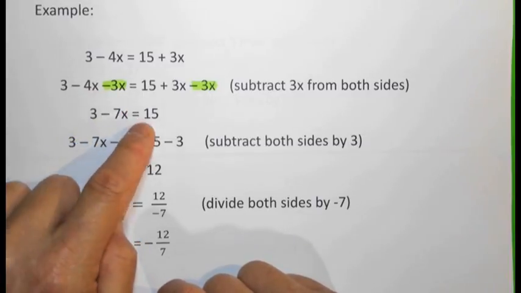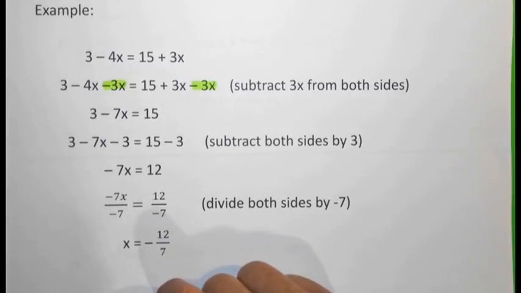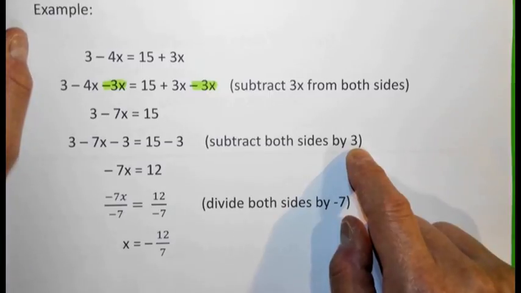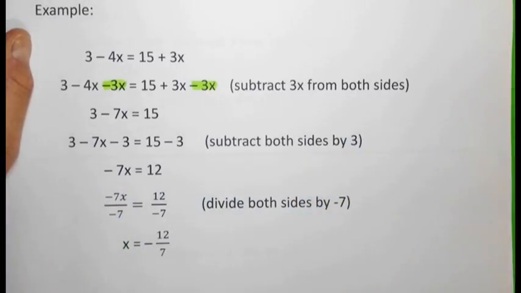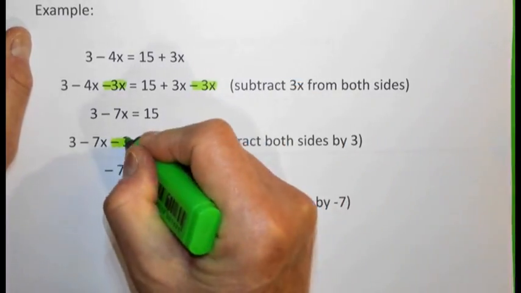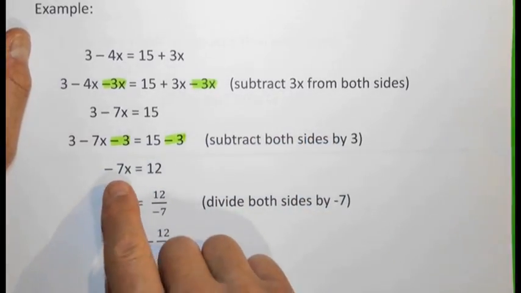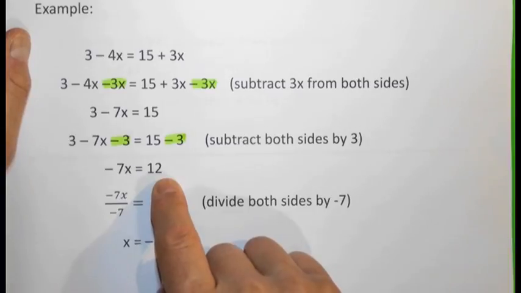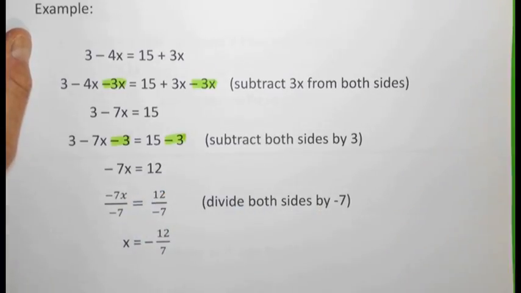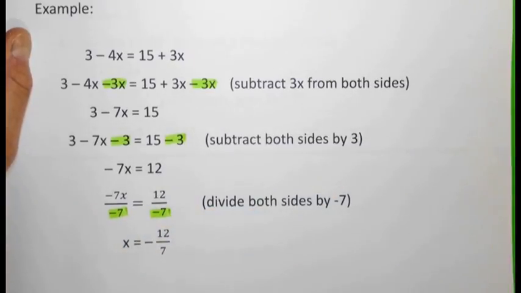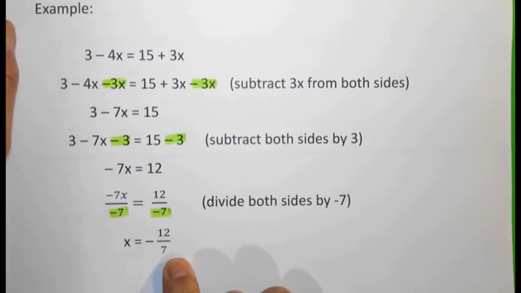So 3 minus 7x equals 15. Then we subtract 3 from both sides. What we get is minus 7x equals 12. Then we divide both sides by minus 7, and we can solve it. x equals minus 12 over 7.